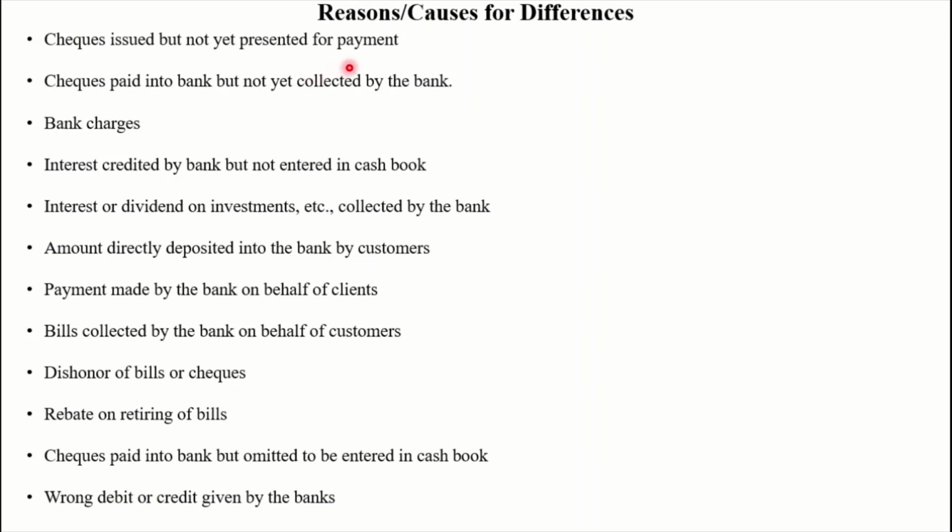See, when a check is issued to a third party by the business, it is entered in the cash book by crediting the bank account, resulting in reducing the bank balance in the depositor's books. But the bank debits the customer account when the check is presented by the third party to the bank for payment. When the business issues the check, they will record that in the cash book.